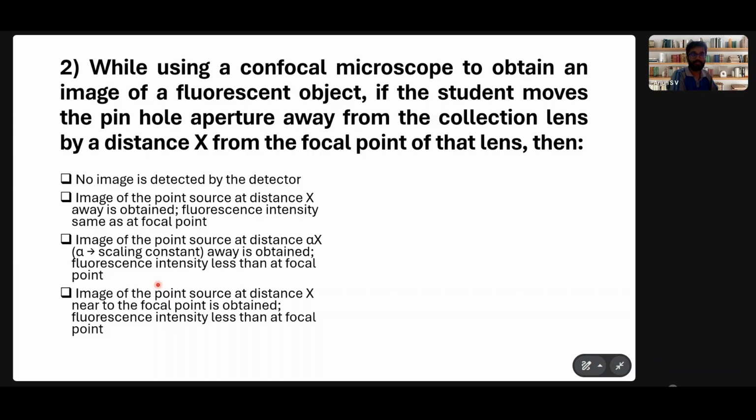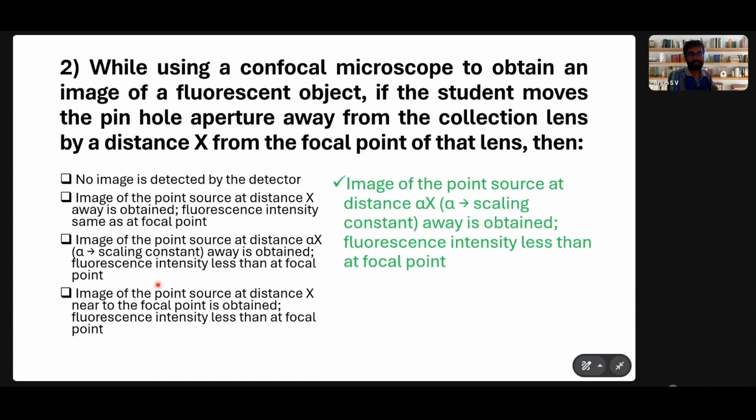What it means is that the focal point is moved by a specific distance. So accordingly, the image will be obtained based on the position of the focal point of the lens. It will vary by a specific factor which is called the scaling constant. So the correct answer is option C.